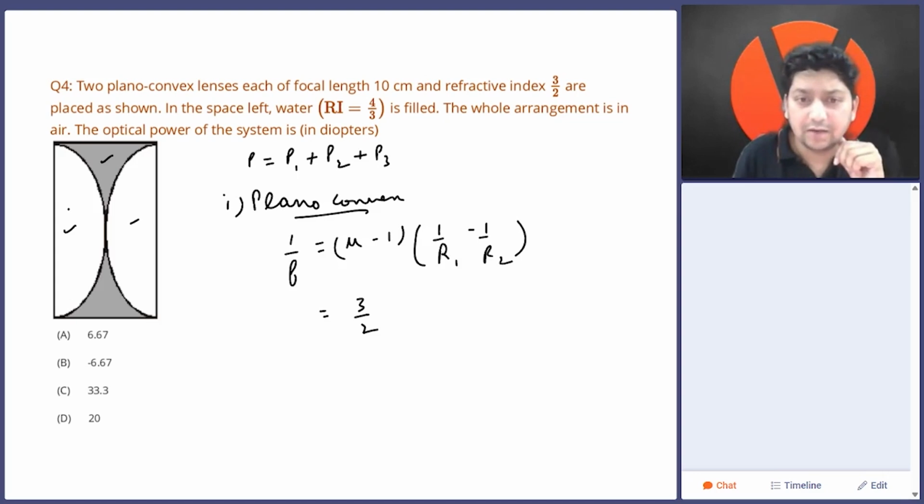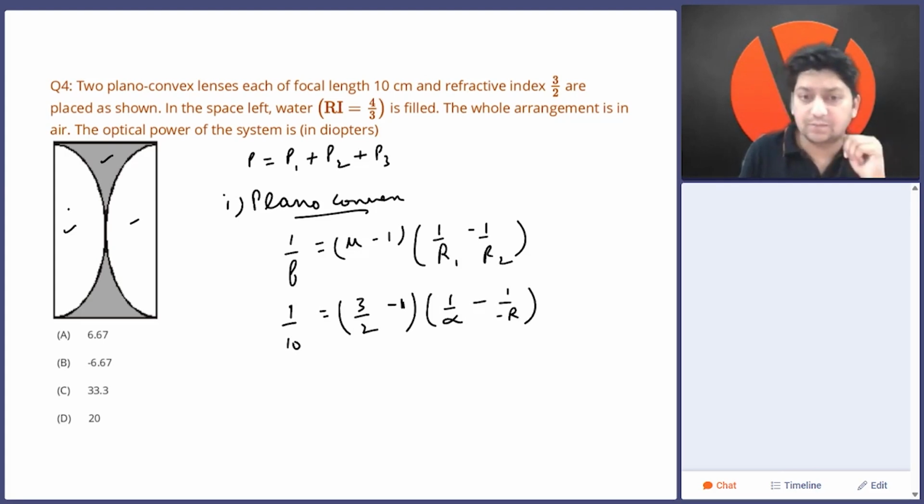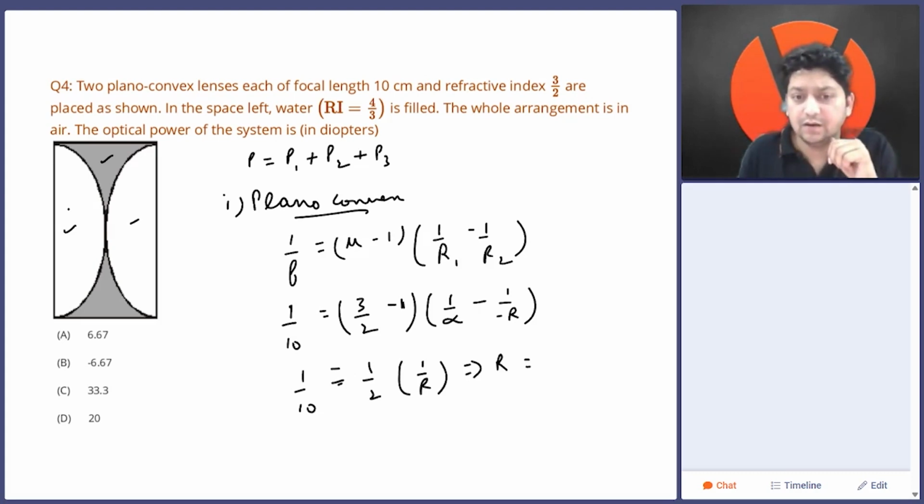Focal length is already given, that is 10 centimeter. For plano-convex, the first radius of curvature will be infinity, and for the second it will be, suppose r is the radius of curvature, minus r. So now we get 1/10 = 1/2 into 1/r. So from here the radius of curvature we get is nothing but 5 centimeter, right?